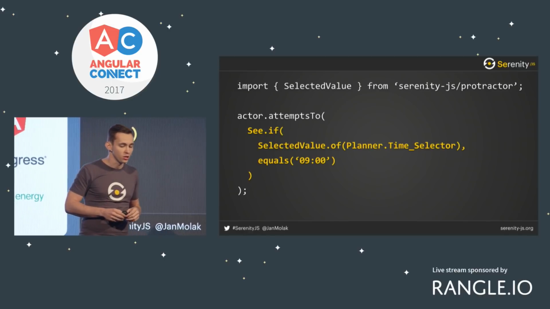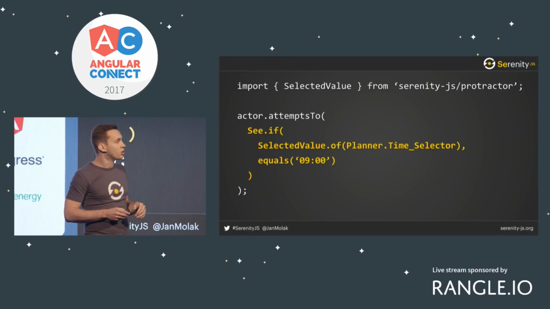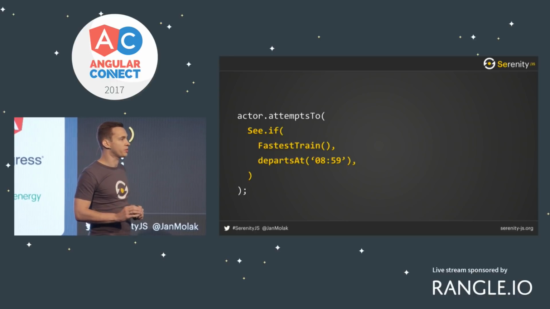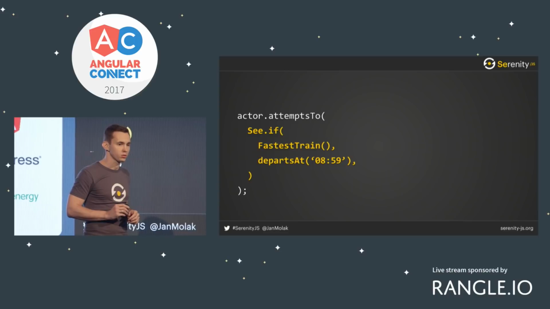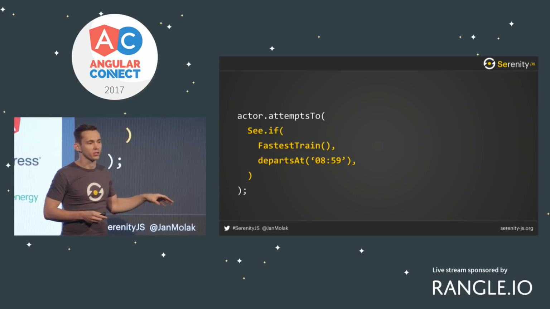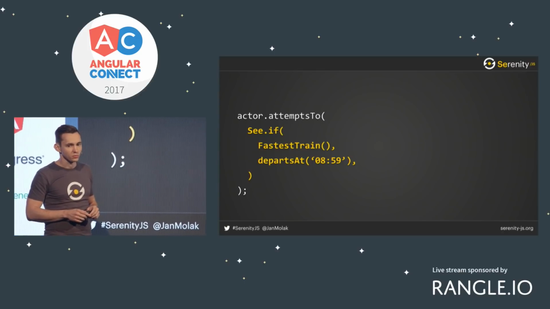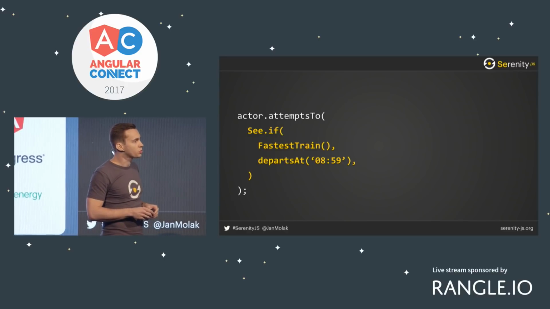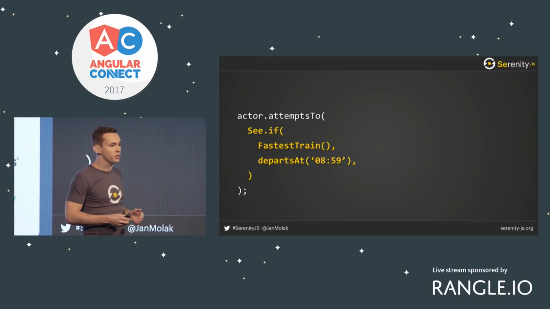We can ask them to see if the selected value equals 9 o'clock. But more importantly, we can create our custom domain-specific questions and assertions. So we can say, hey actor, attempt to see if the fastest train departs at 8:59. This is quite a powerful mechanism when it comes to sharing your understanding of a domain through your acceptance tests.